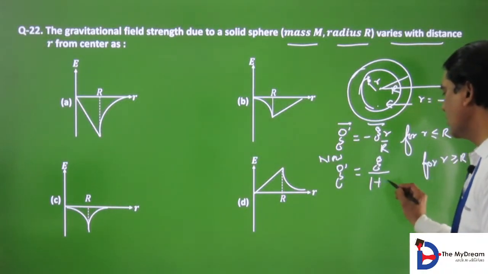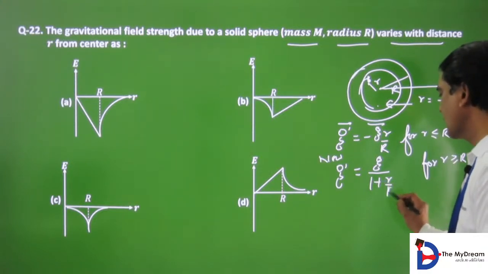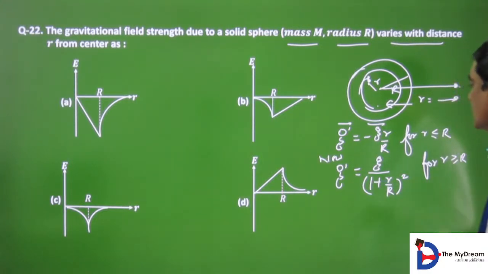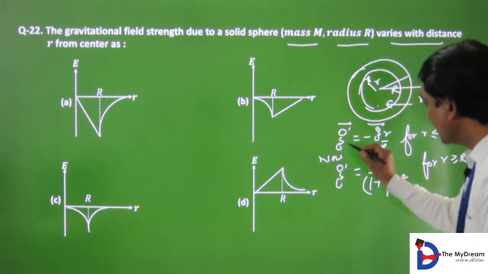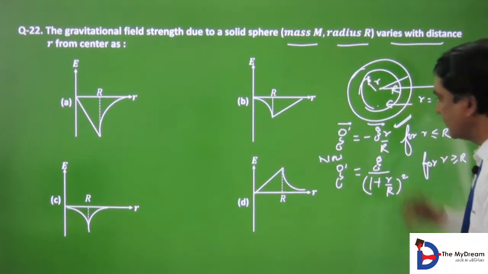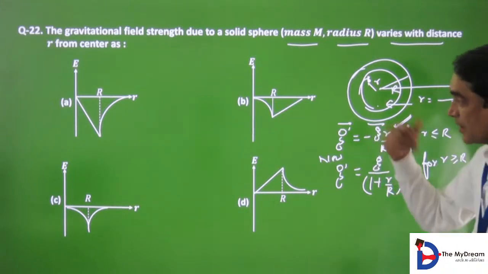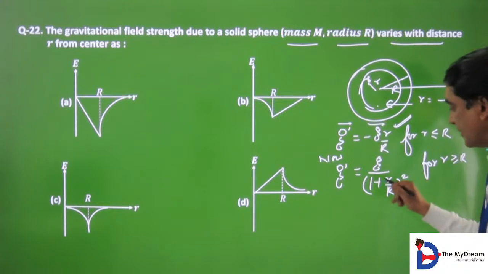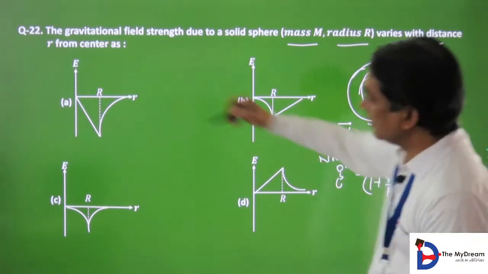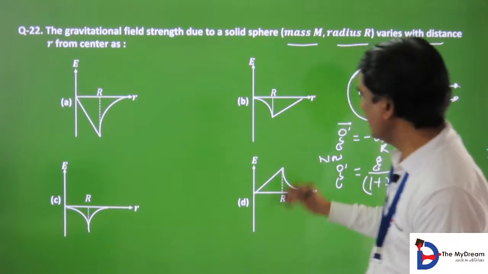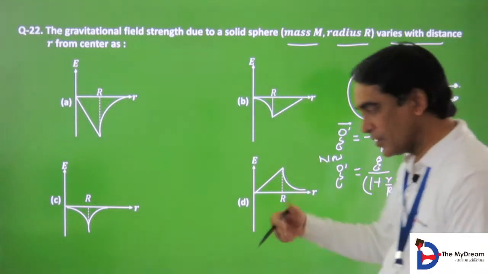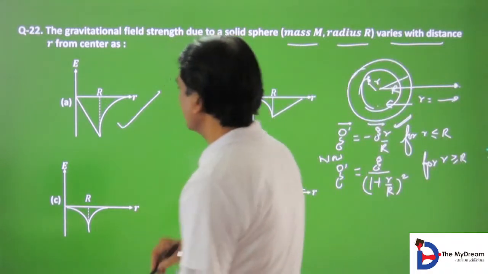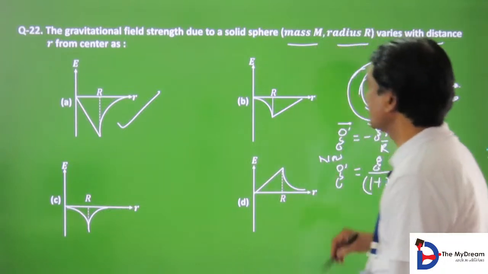Here h is small r. So this is ग्रेविटी लीनियरली इंक्रीज कर रही है up to capital R, and after that is decreasing. Linearly, this will be possible, but as you see, the gravity goes on decreasing, so this one is correct, not this one.